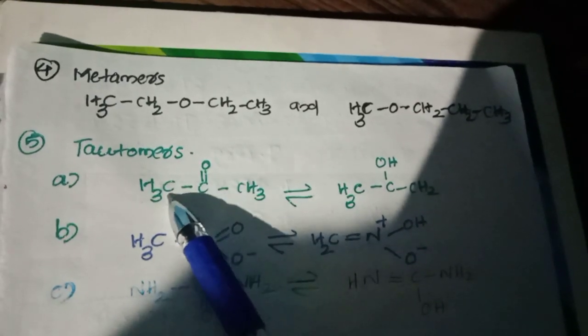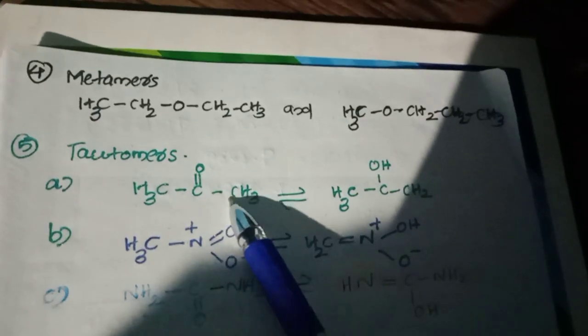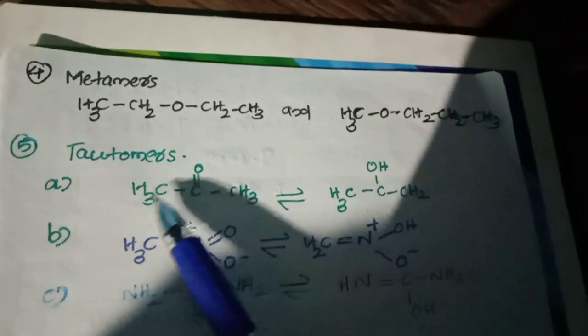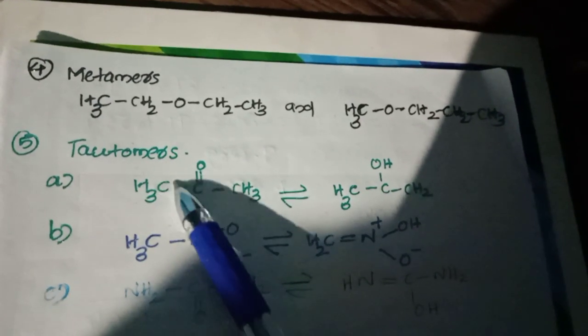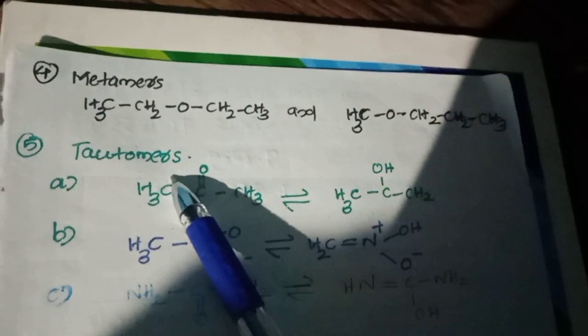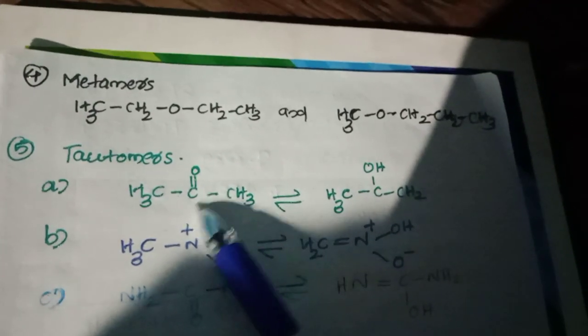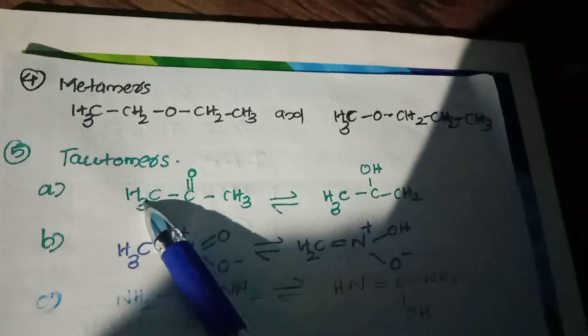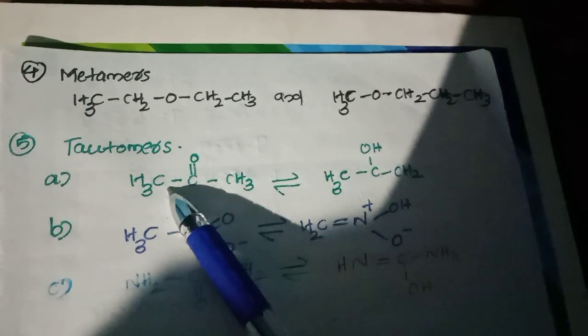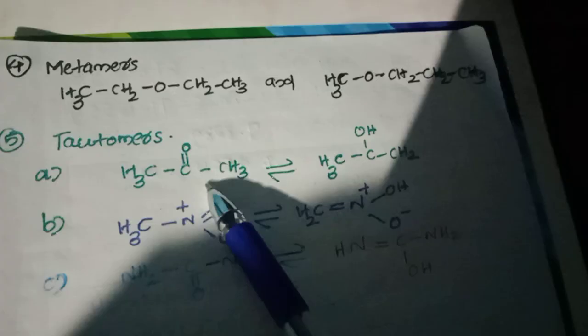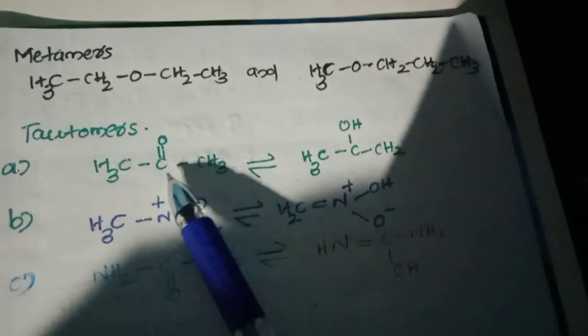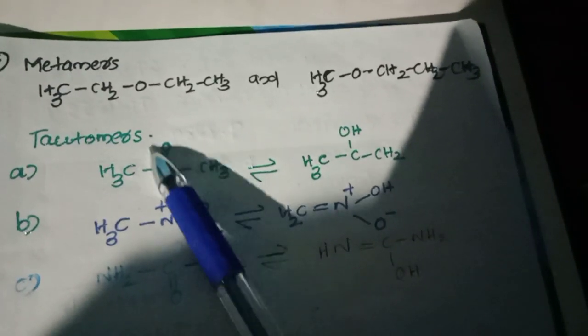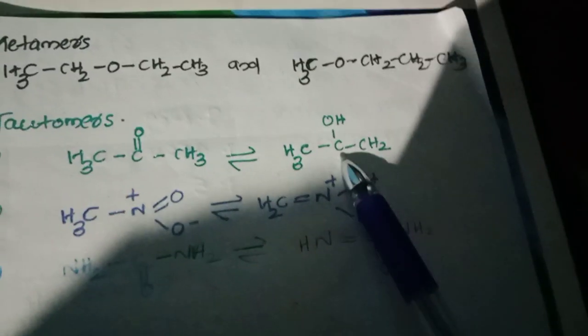Here it is also an alpha carbon. The hydrogen atoms attached to that alpha carbon are called alpha hydrogens. So carbonyl compounds having alpha hydrogens exhibit tautomerism. Keto-enol tautomerism. It is the keto form, CO group. It is an enol form.